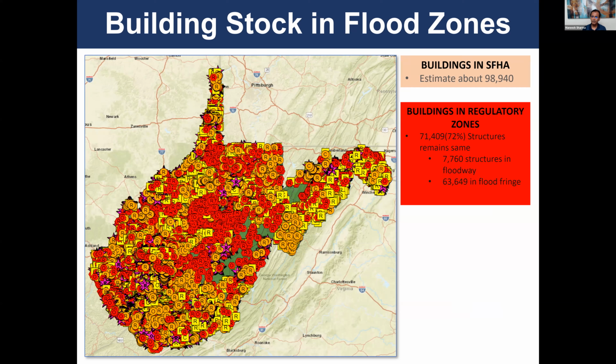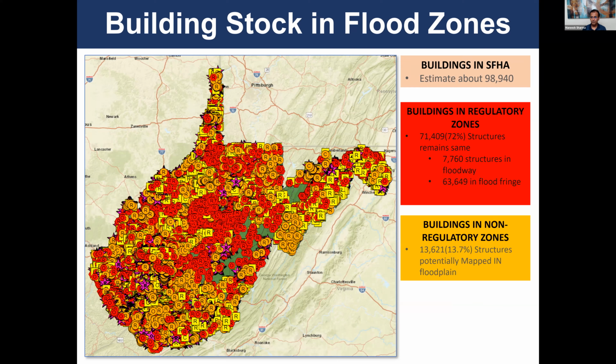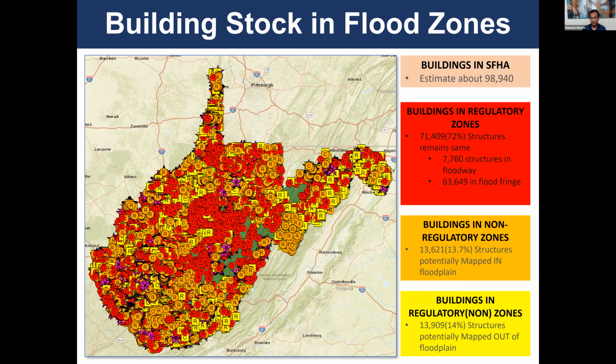In regulatory flood zones, we estimate around 72% of the structures are in a regulatory flood zone. Out of 98,000, we estimate that around 13,000 will get mapped in whenever the new flood study gets done in different regions in the whole state. At the end of it, around 13% potentially will get mapped in.